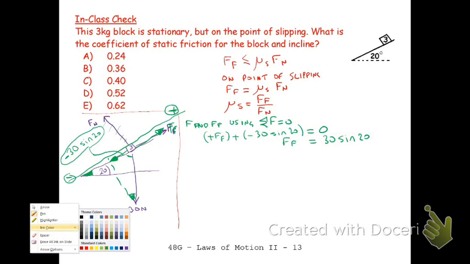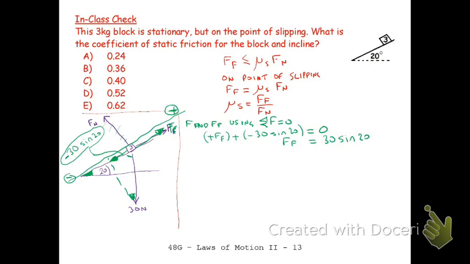Let's change coloured pens. Let's go for something like red. I'd like to be able to find Fn, and I don't want to deal with FF. So draw a line perpendicular to FF. This is its own component.